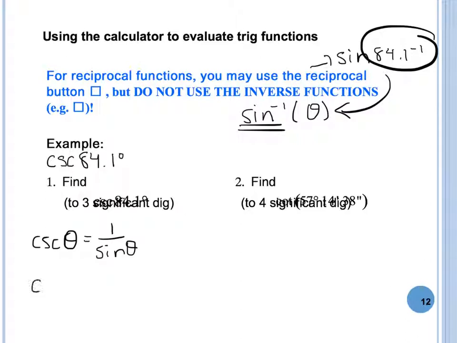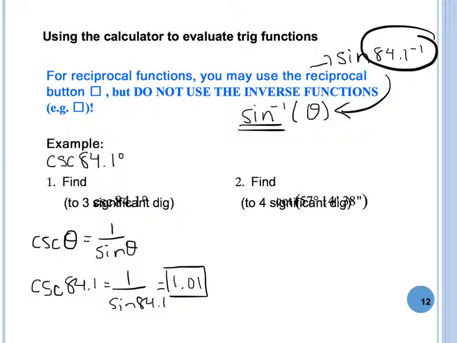So if we have the cosecant of 84.1, that is 1 over the sine of 84.1. So on my calculator, I put 1 divided by the sine of 84.1, and I get 1.00, but it says 3 significant digits, so I'm going to round to 1, and that's my answer.